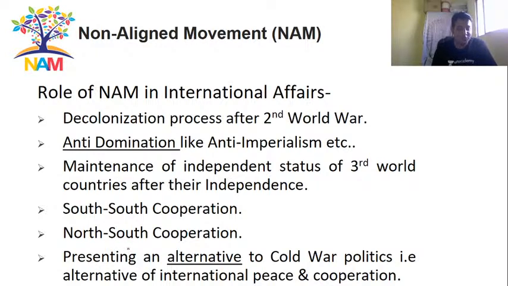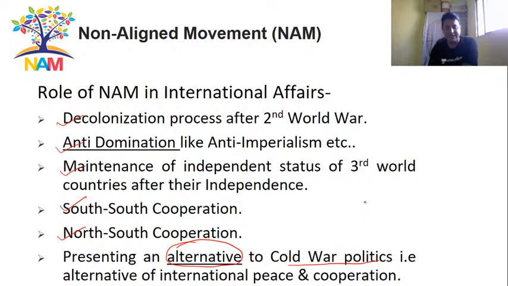Those who don't know, just Google it. You will get to know what exactly the SCO is. Okay, so the role of NAM in international affairs is first decolonization after the Second World War. Then they played an important role in the anti-domination movement, maintenance of independent status of the Third World after their independence, South-South cooperation, North-South cooperation, and the very important thing that they provided an alternative to Cold War politics.